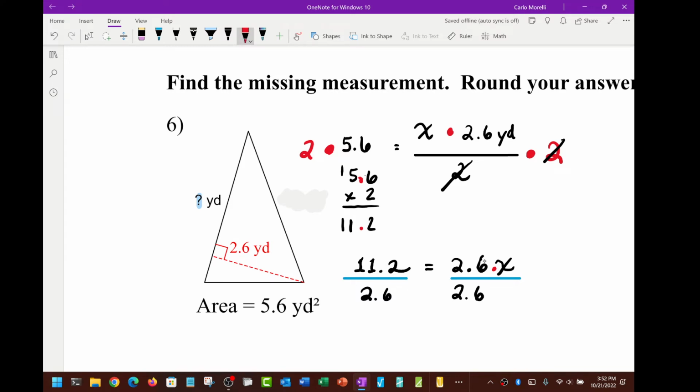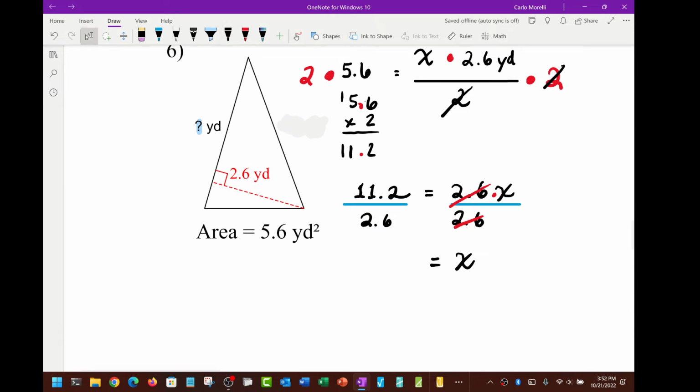And that was very helpful because now these canceled completely. And I now have isolated x by itself on the right. And now I just need to find the quotient of 11.2 and 2.6. So we're going to do that in side work.